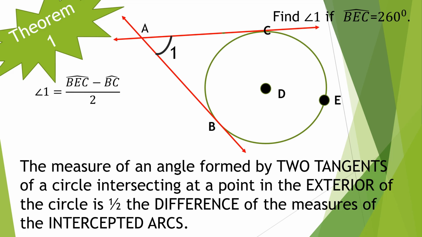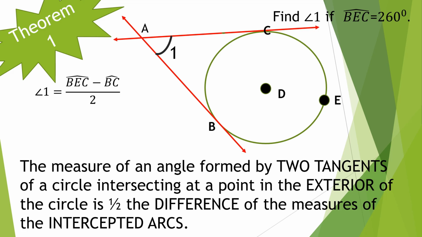The formula for angle 1 is BEC minus BC, all over 2. Why all over 2? Because it is 1/2 the difference of the measures of the two intercepted arcs.